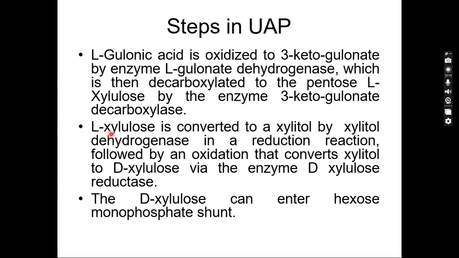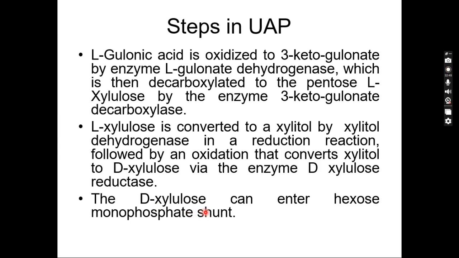We had L-xylulose, but here the enzyme that will follow will convert this xylitol to the D-xylulose, and the enzyme that is involved is the D-xylulose reductase, okay. It converts the xylitol to D-xylulose via the enzyme D-xylulose reductase.